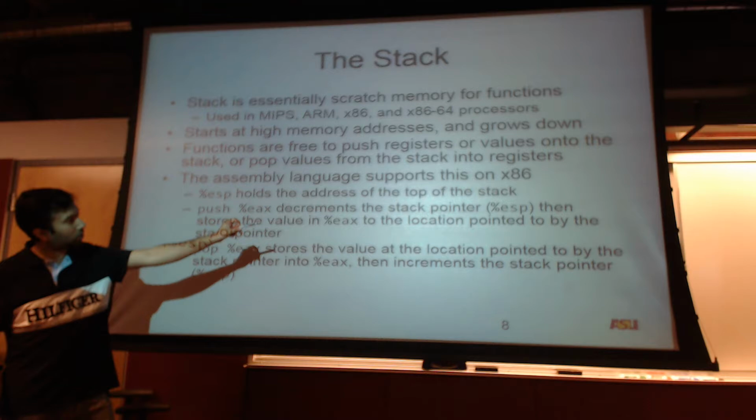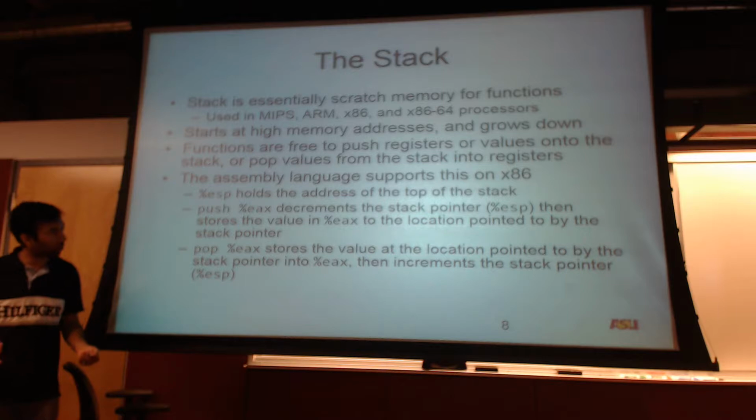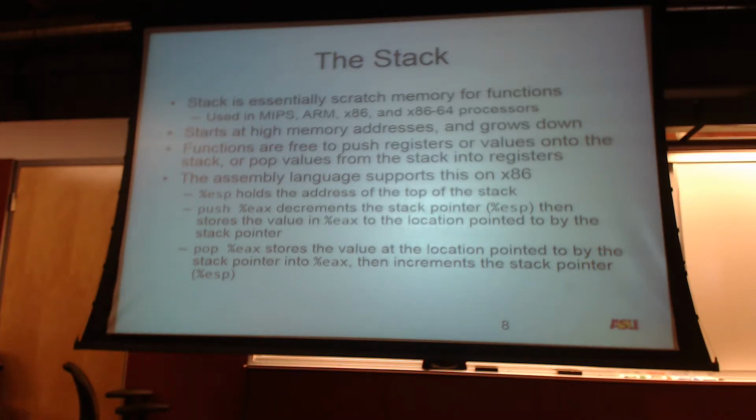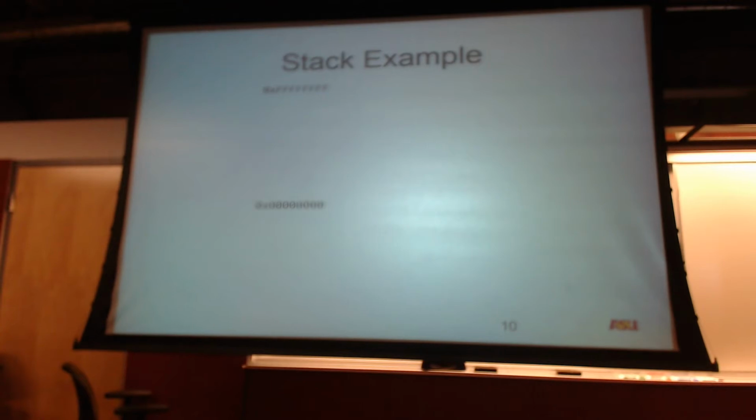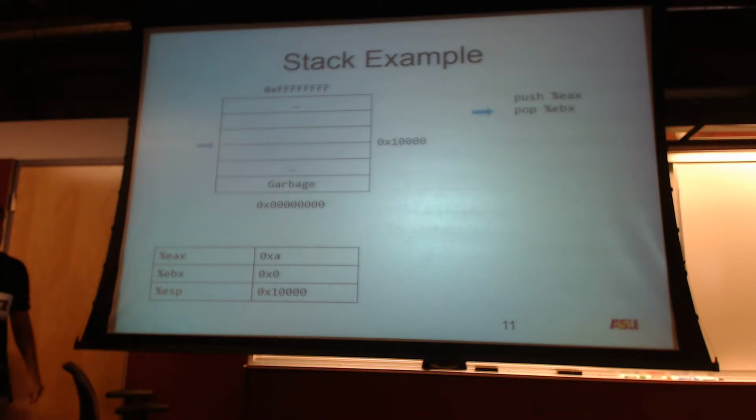So push has to first decrement the stack pointer, then it stores the value of EAX into the location pointed to by the stack pointer. Right? So now if you decrement 0x100000 by one memory address, what value should it have?